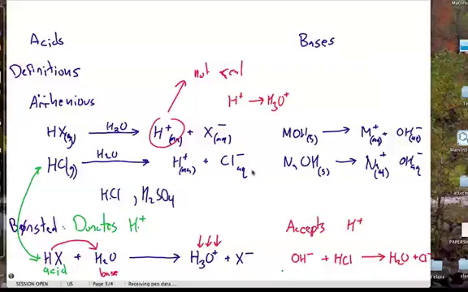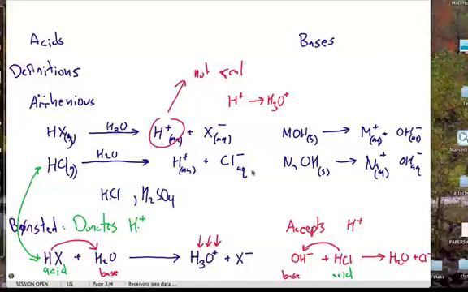Here we have the hydroxide accepting a proton. All right, so this one is acting as the base, with the HCl acting as an acid. If we can identify which one is the acid, by default, the other one has to be the base.